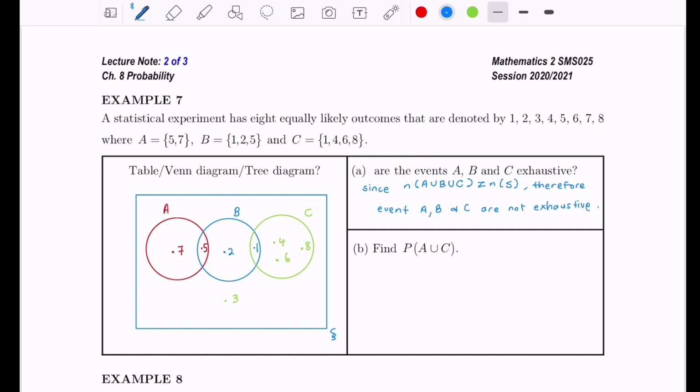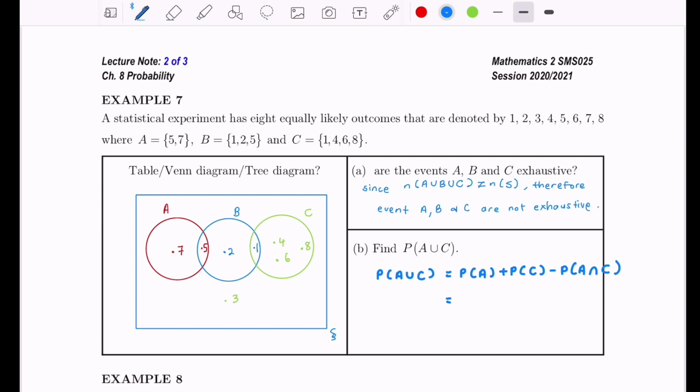Next, we have to find the probability of A union C. P(A union C), according to the formula, equals P(A) plus the probability of C minus the probability of A intersect C. Altogether in the sample space we have 8 numbers.